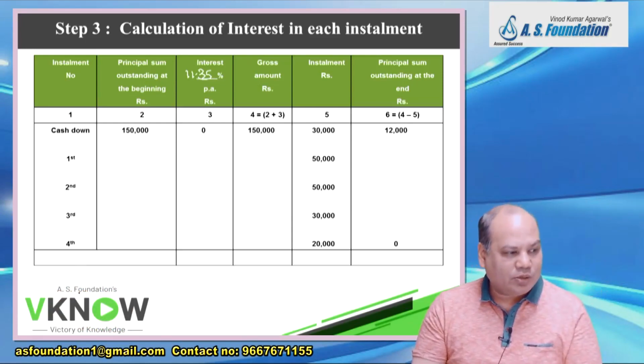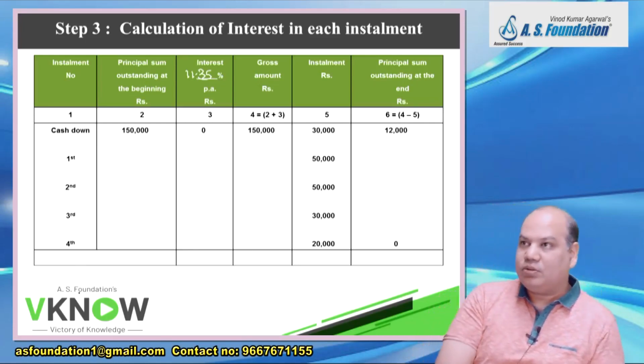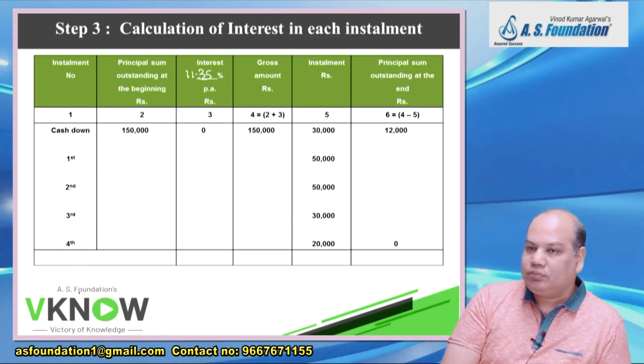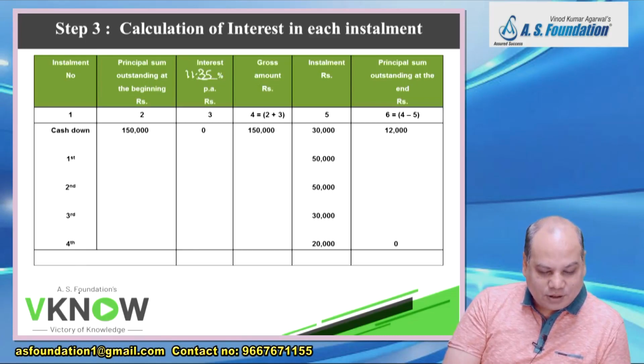First column installment number, second write principal sum outstanding at the beginning, because we know the cash price. Then interest at the rate of 11.35%.